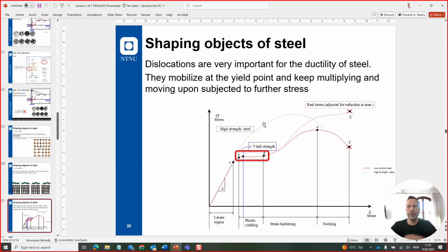Dislocations are active and they are actually being produced when you go strain hardening of the steel. So when you are working and deforming your steel, the process of working and deforming it produces more dislocations.